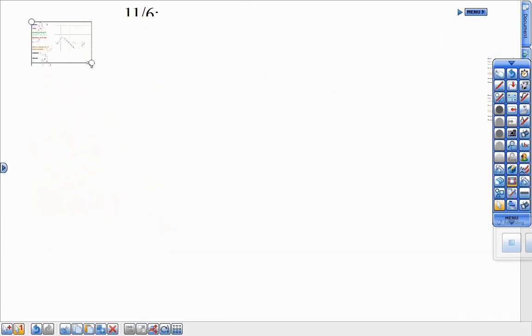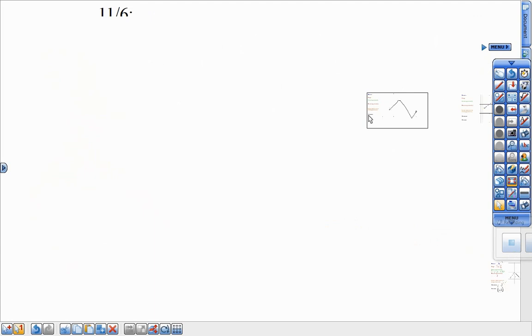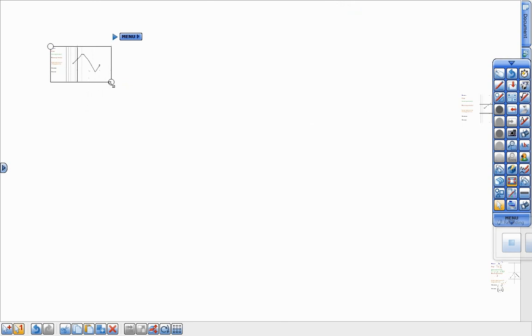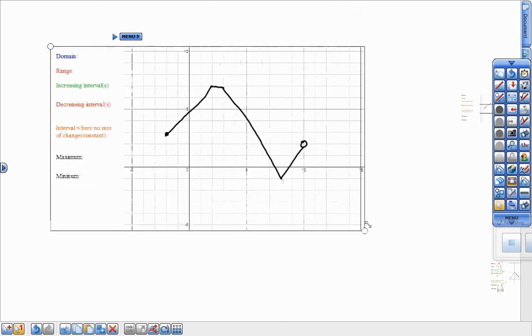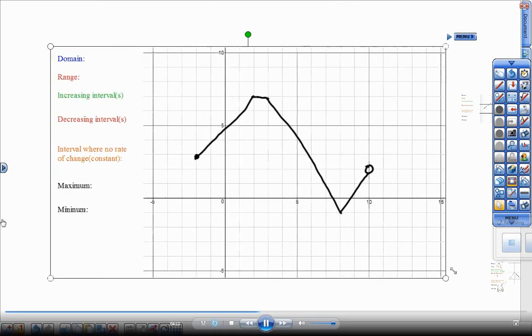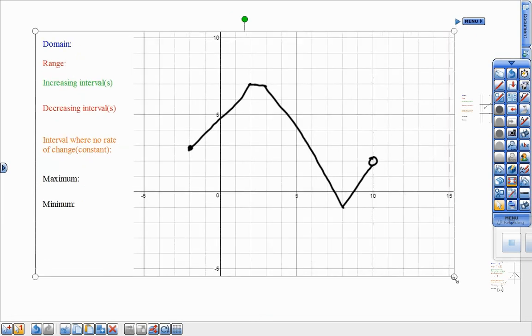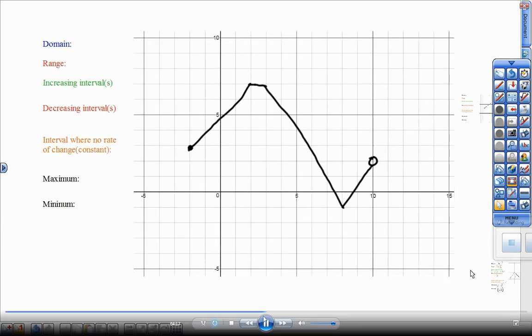Okay, based on just looking at what you just saw and trying to see those visuals here, I'm going to have you try one on your own. And I will talk about this here shortly, I promise. So based on what I showed you, try one on your own. And again, these points are -2, 3.